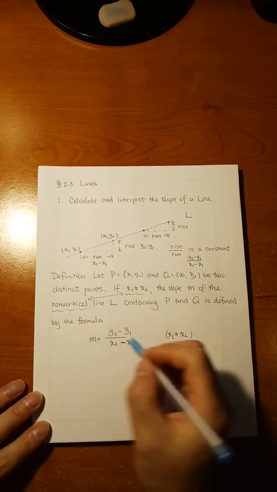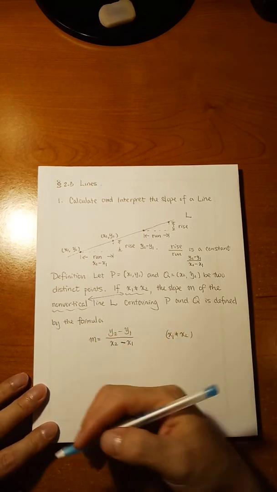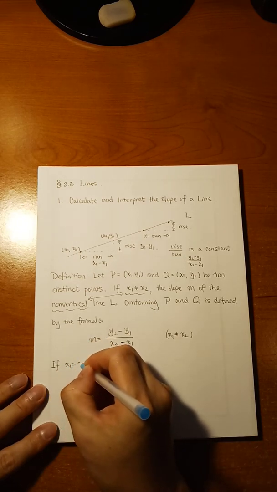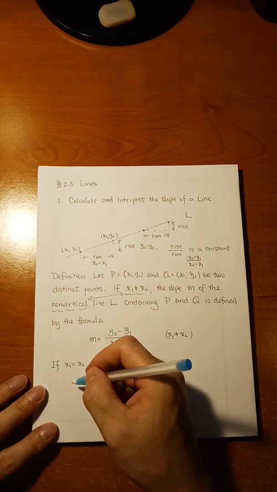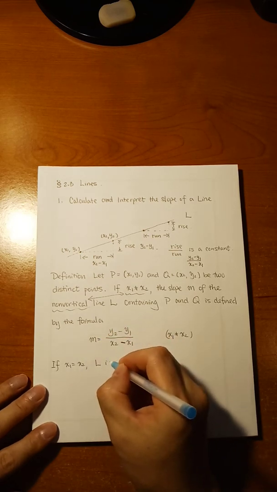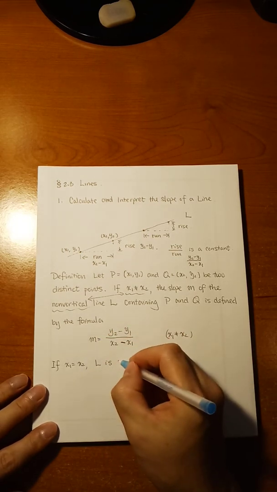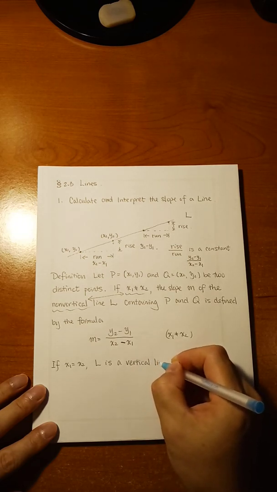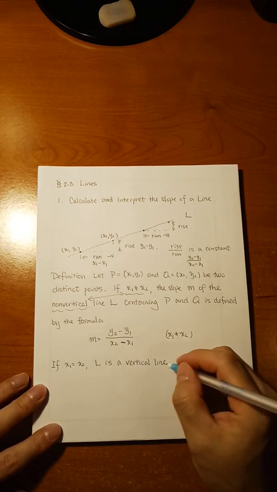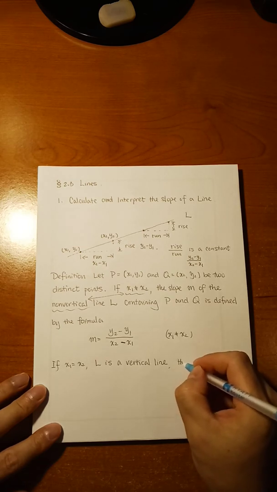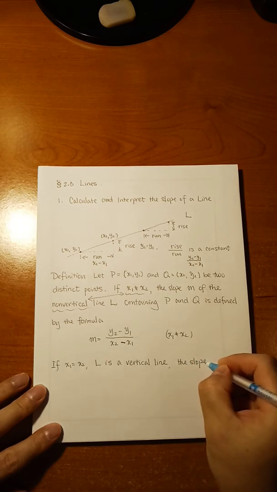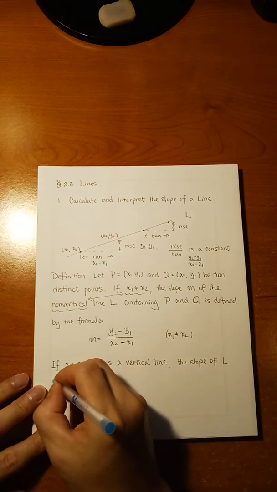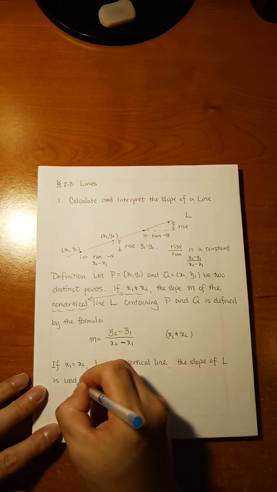Of course, there is the possibility that if x1 is equal to x2, then the line L is a vertical line. When you have a vertical line, the slope of L is undefined.